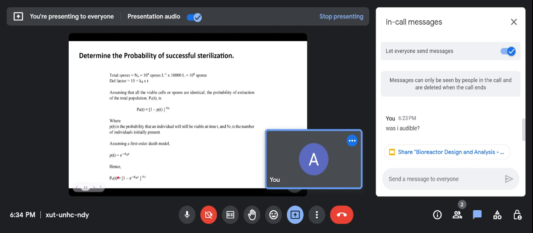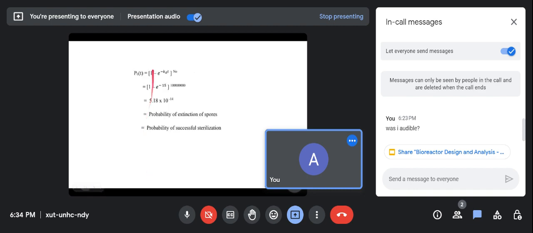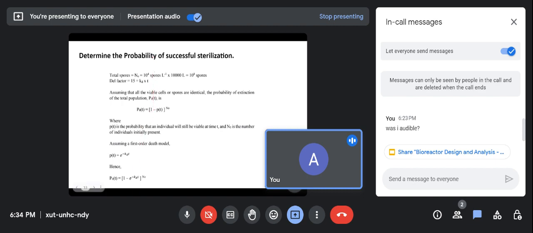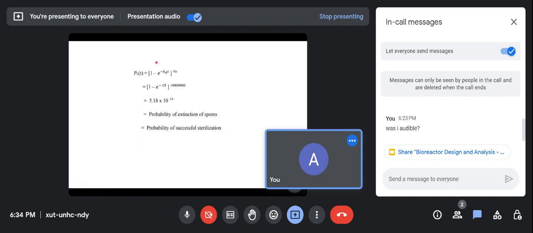Hence, P naught T will be equal to (1 minus Pt) to the power of N naught, and since Pt is equal to e to the power minus kdt, you know the value of e, you know the value of Kd, and you know the value of t and N naught, right?